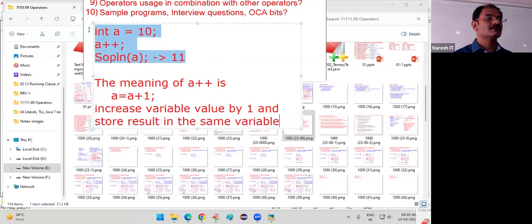Where will you type this code? Inside the main method.